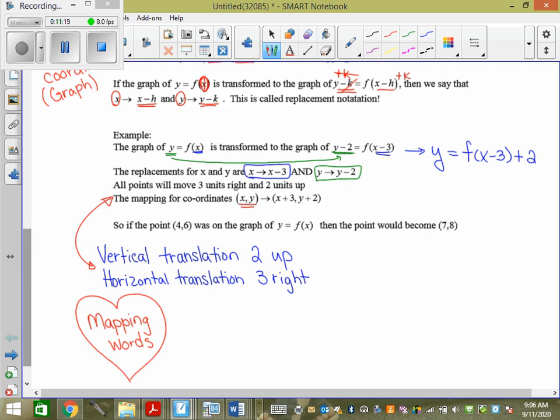They're the same. They're in love. They're just two separate ways of explaining the exact same thing, right? So this one here, I said vertical translation 2 up, horizontal translation 3 right. Here I'm just saying horizontal translation 3 right. I'm adding 3. Vertical translation 2 up. I'm adding 2.